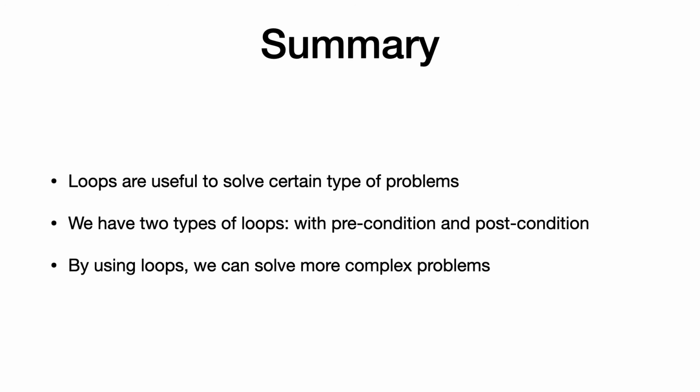And we use postconditions when we want our block of instructions to be executed at least one time, and then if the condition is met, it can repeat the block of instructions again. If not, then we finish with that block of instructions. By using loops, we can solve more complex problems, and it is really a wide variety of problems that we can solve by using loops.